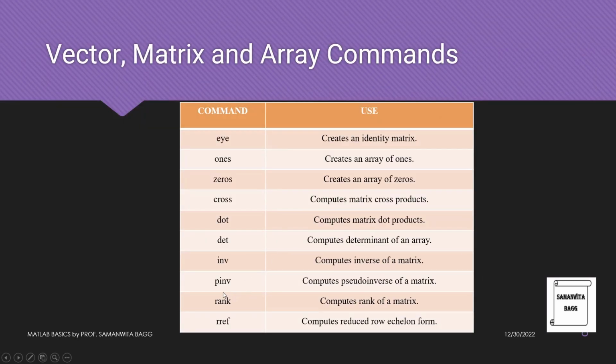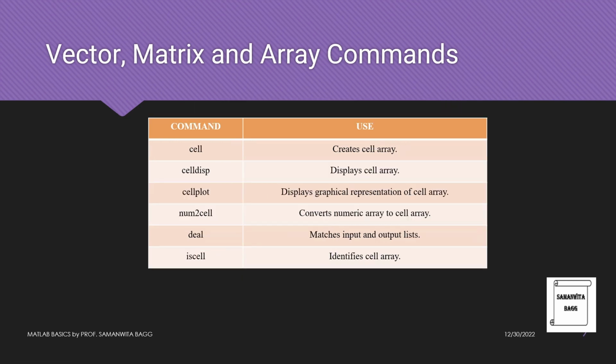Next is pinv, which computes the pseudo inverse of a matrix. You can find the rank of a matrix by the rank command, and rref is going to compute the reduced row echelon form. Next is cell. It creates a cell array. Celldisp will display the cell array.